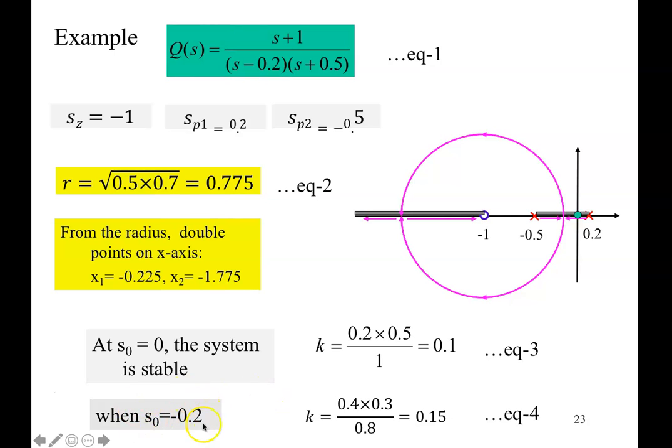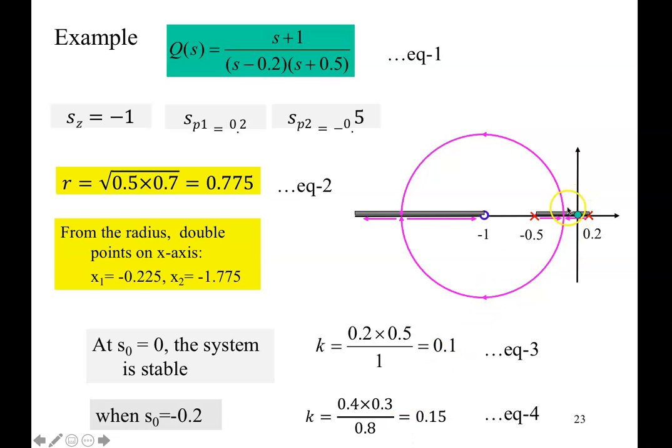Then, if I want to work out the control gain to make the closed loop pole move to minus 0.2. So minus 0.2 is somewhere there. Now, to do that, I need to work out the distance between this point and positive 0.2. Minus 0.2 to positive 0.2 gives me 0.4. Minus 0.2 to minus 0.5 gives me a distance of 0.3.